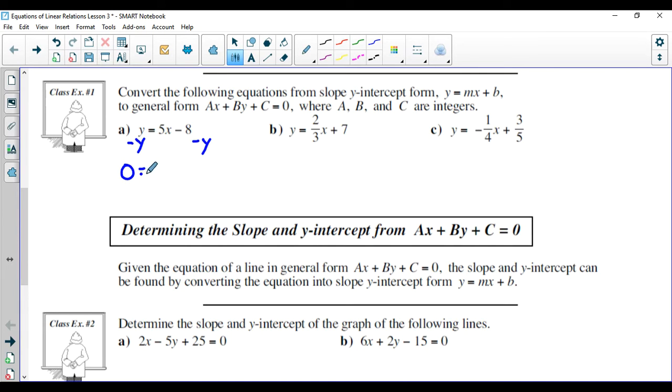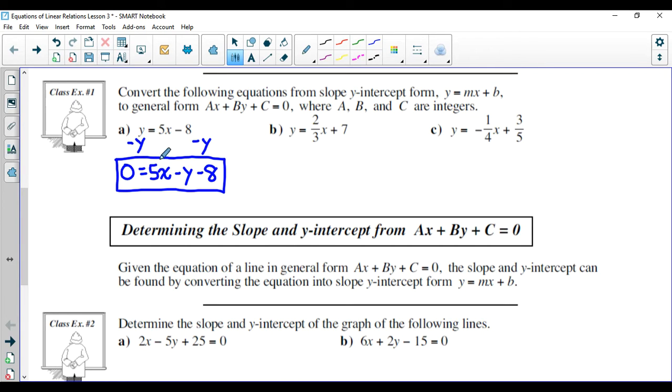Then we could say 0 is equal to 5x minus 8 minus y, but it's more customary to write it in the order of the x term, then the y term, then the constant term. So I'm going to write down 5x minus y minus 8 equals 0. And that's my general form of this equation.